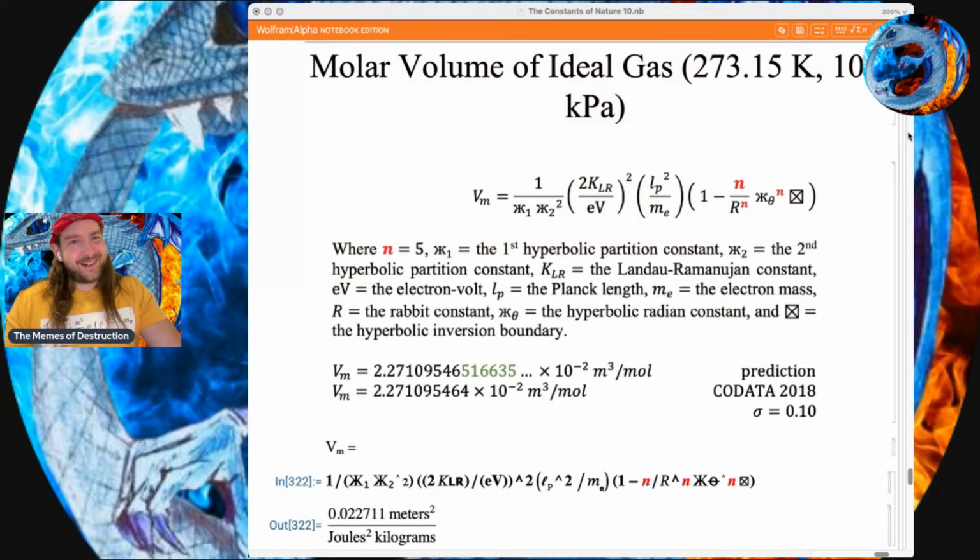Molar volume, molar mass. Okay. So, we should just literally be able to take molar mass. So if we do molar mass, doing it on this one before we do it in the notebook. Let me just see. So I think unit.